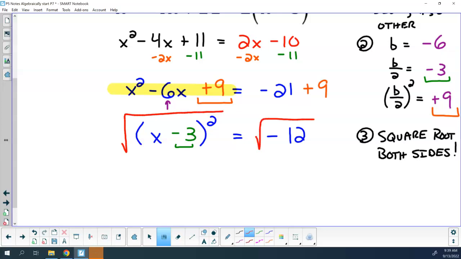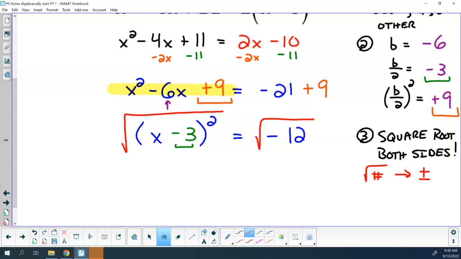So I can square root both sides. Now, I will tell you this, because it happens all the time: when you take the square root of a number when solving, the answer is plus or minus. We're not taking just the principal root here.